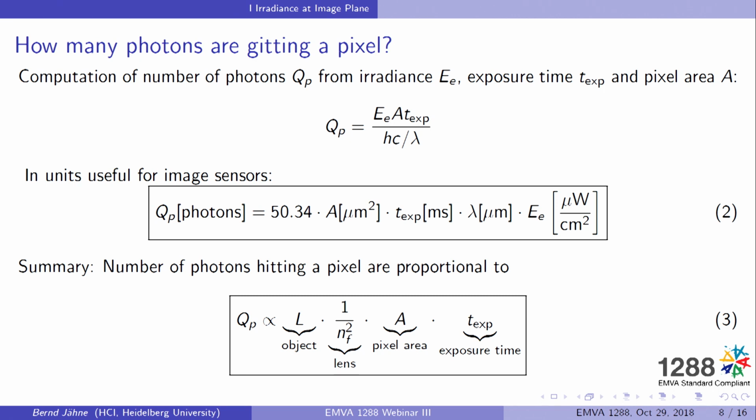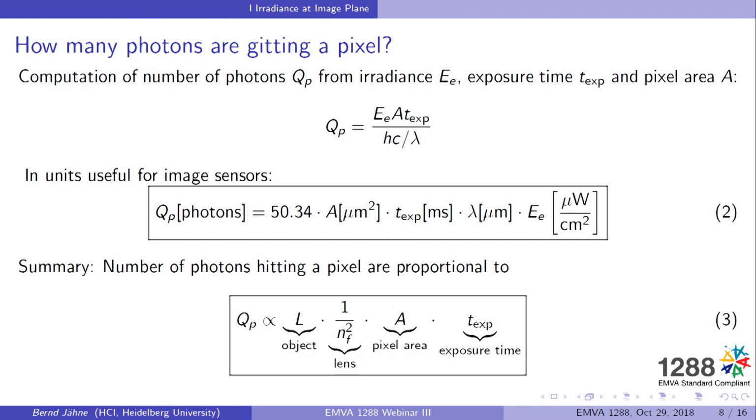I do not count pixels or measure pixels in square meters, but rather in micrometers squared. And so you see then that we get some quite handy figures. That means if I have 1 microwatt per square centimeter, have a wavelength of 1 micrometer, exposure 1 millisecond, and have a pixel which is the size of 1 by 1 micrometer, I will just receive about 50 photons.